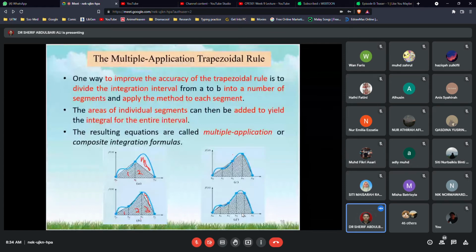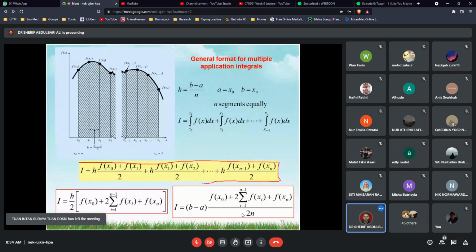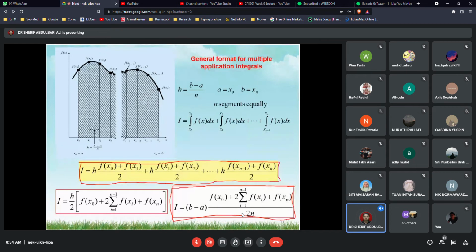So what are the equations that we are going to deal with if we are having the multiple trapezoidal rule? We have two ways to calculate. Maybe you want to make it into this form, use this equation here, or you use just one equation like this. Okay, so the decision is up to you.